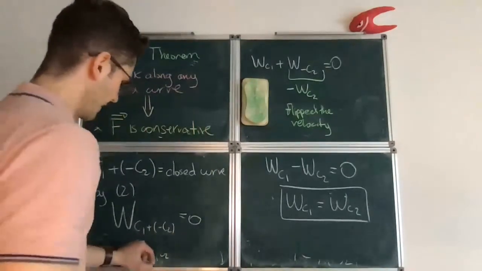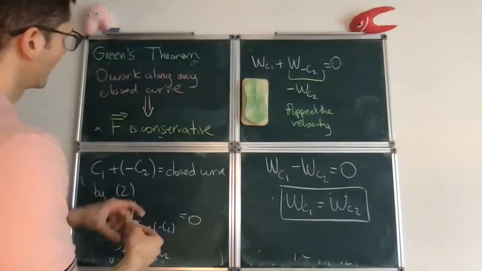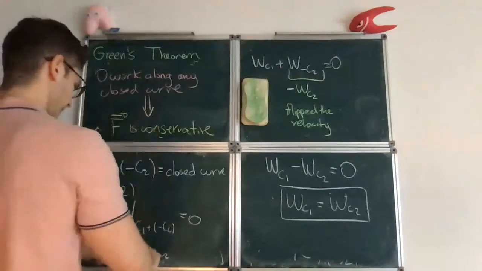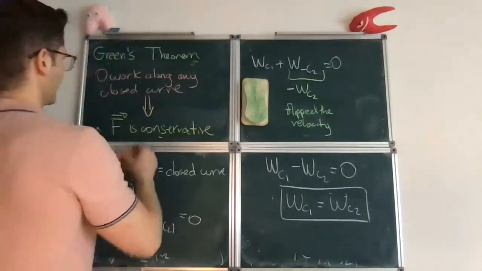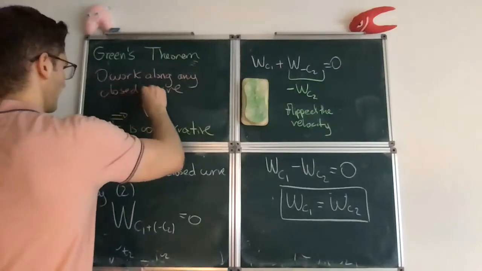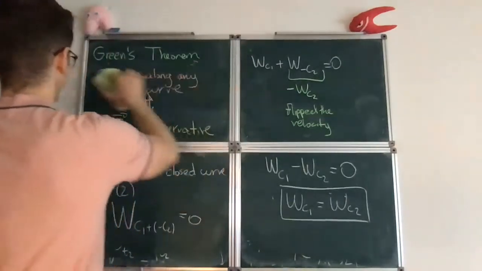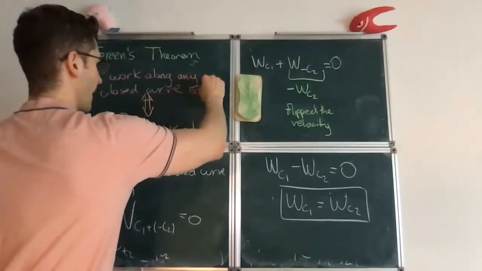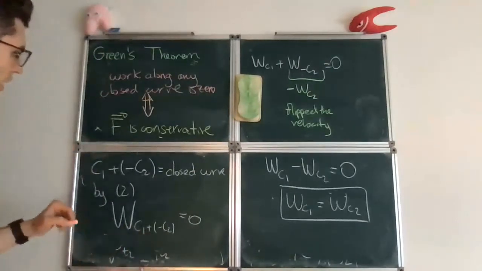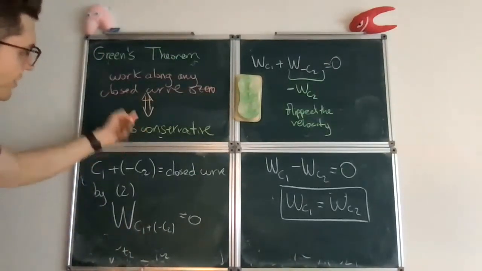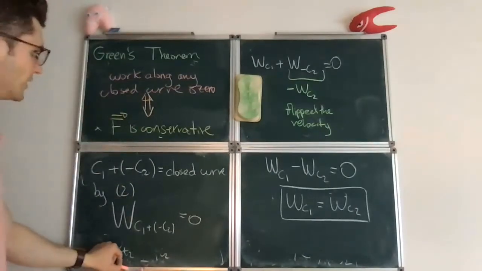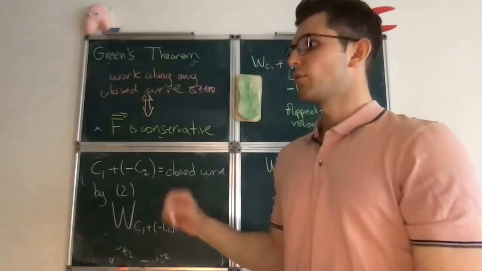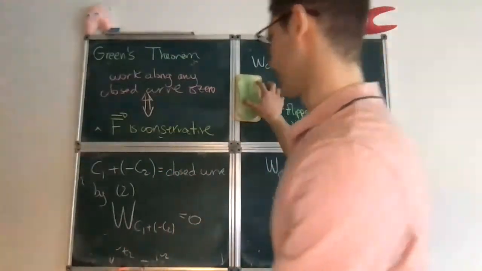And conversely, if f is conservative, then, again running this argument backwards, it's not difficult to see that indeed the work must be 0. Work along any closed curve is 0 implies f is conservative, and if f is conservative, then the work along any closed curve is 0. So when you think about conservative vector fields, you can just think of them as fields whose work is 0 along closed curves.